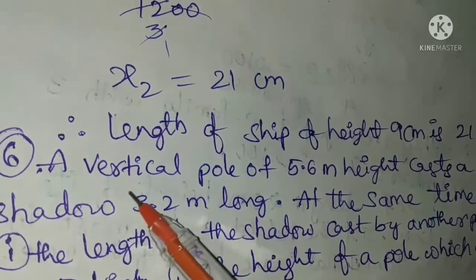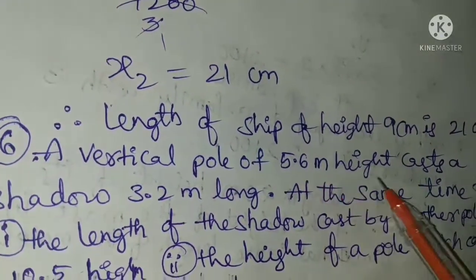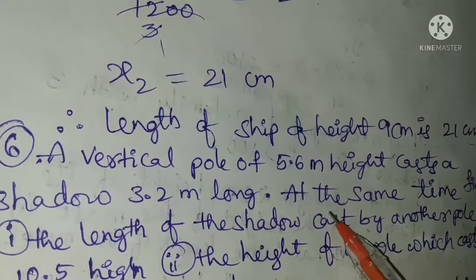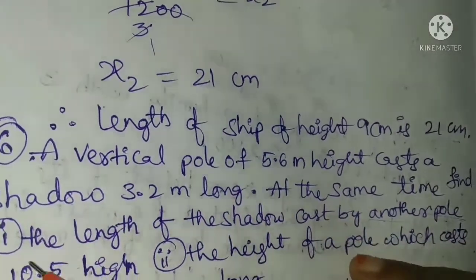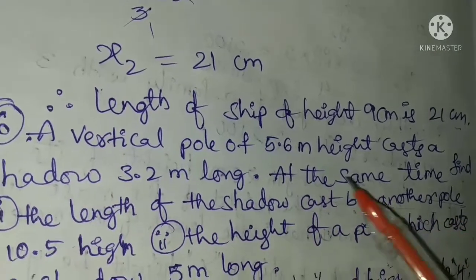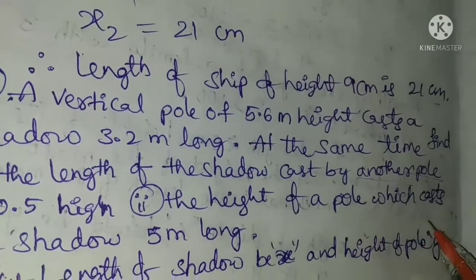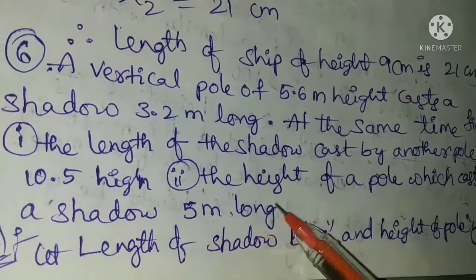Sixth question. A vertical pole of 5.6 meters height casts a shadow of 3.2 meters long. At the same time, find the length of the shadow cast by another pole of height 10.5 meters, and the height of the pole which casts a shadow 5 meters long.